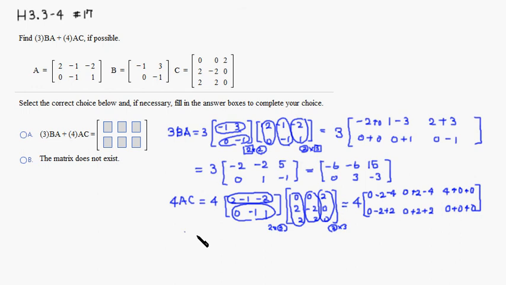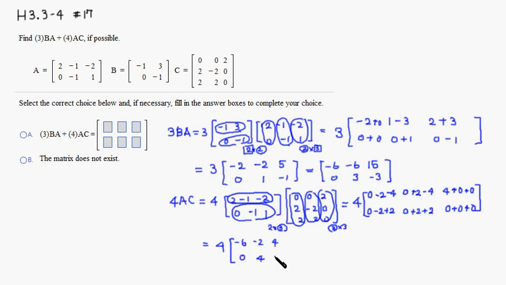Right? So what you get is 4 times: negative 2 minus 4, so negative 6. And 2 minus 4 is negative 2. And 4 plus 0 is 4. And negative 2 plus 2, that's 0. And 2 plus 2 is 4.